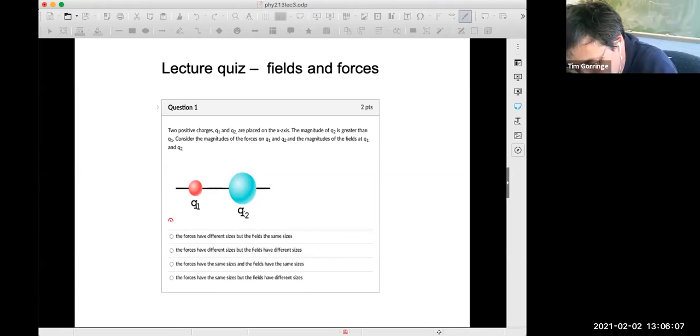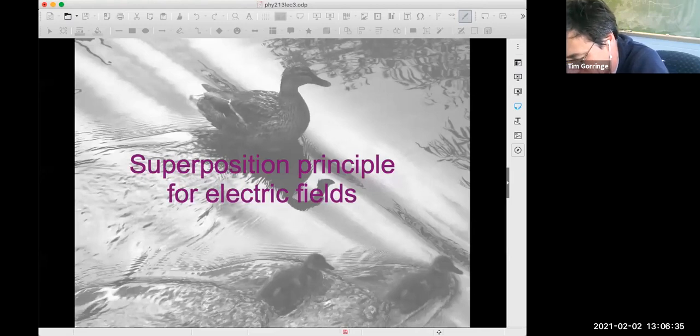So the forces between these two charges, the force experienced by Q1 and the force experienced by Q2, by Newton's third law, they must be equal in size, opposite in direction. They're a force pair. So if I were to draw the forces on Q1 and Q2, I'll imagine they're the same sign charge.